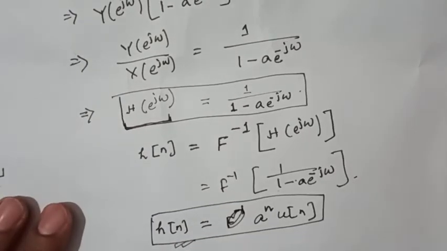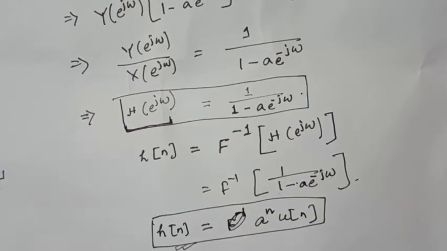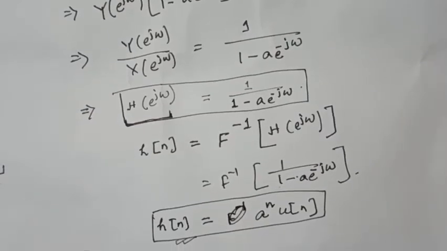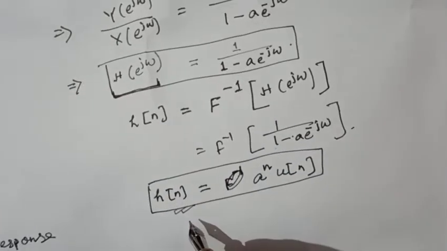Now this H of e to the power j omega is called the frequency response of the LTI system, and h[n] is the impulse response of the system.